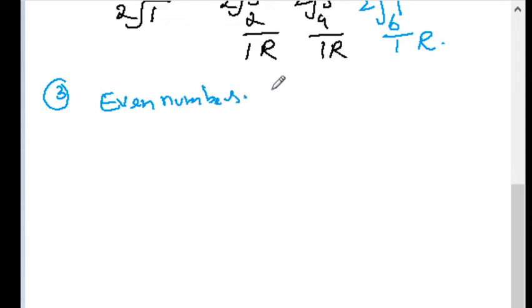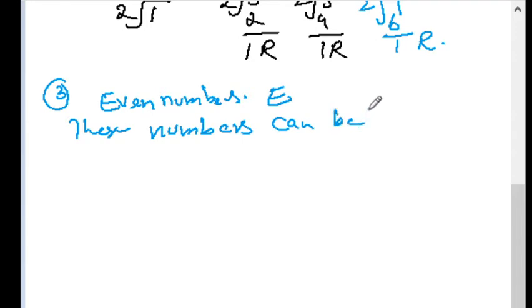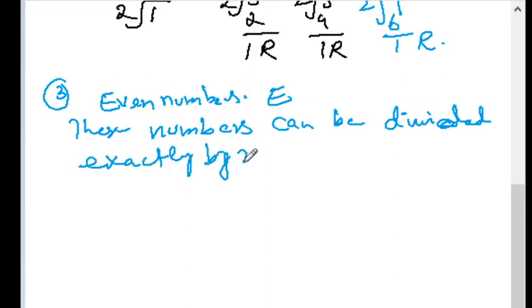Even numbers are represented by E. These numbers can be divided exactly by 2.